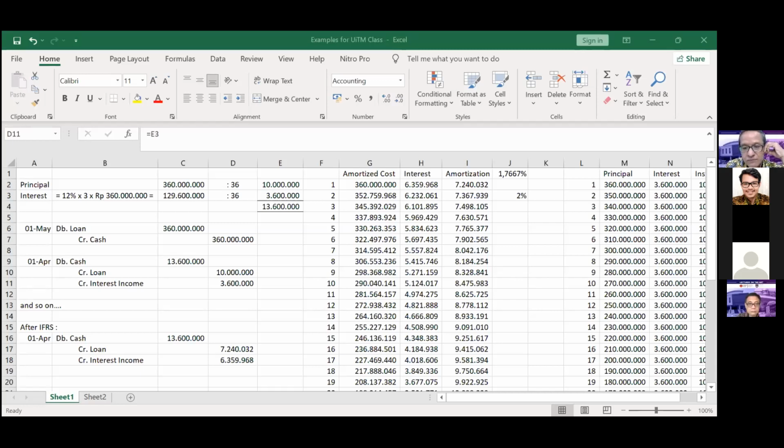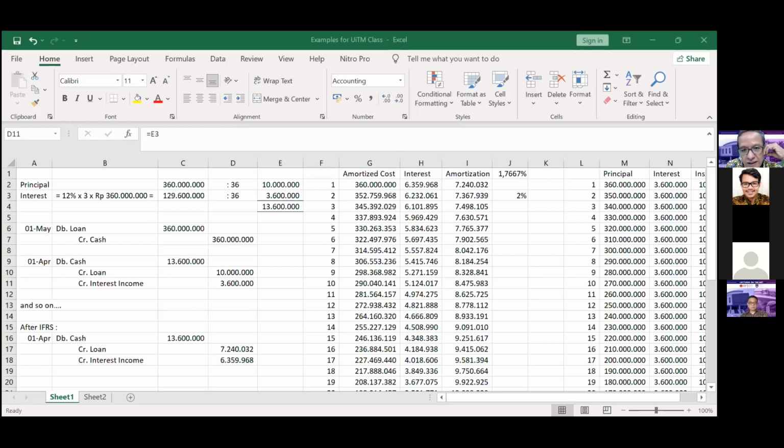But the regulation of IFRS 9 states that the loan provision should be calculated like this. This is before IFRS 9.